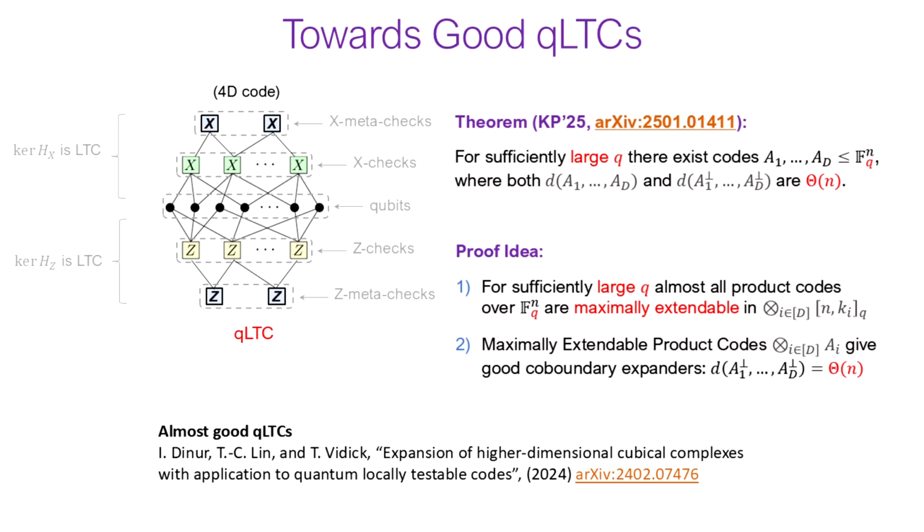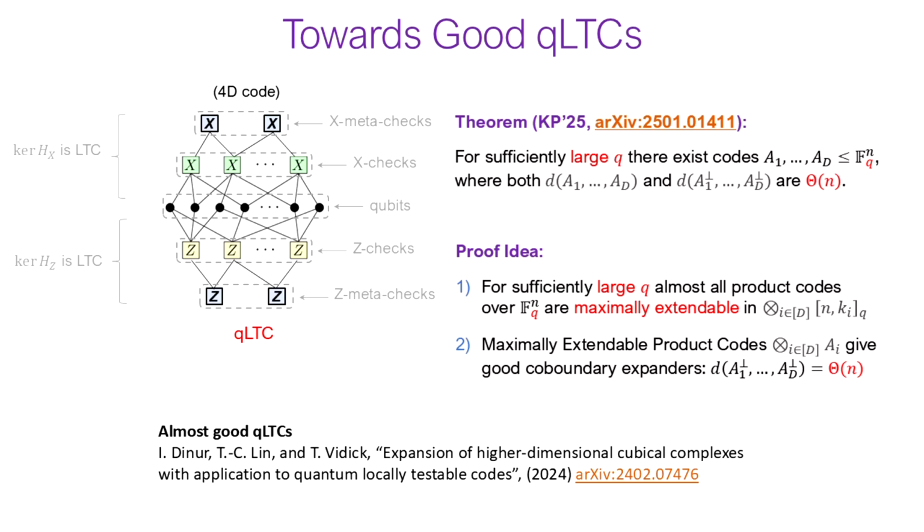Okay. And there are also another couple of papers that already use this idea to construct some other codes. And so the key proof idea here was quite unexpected. It turns out that you need to consider some codes that we called maximally extendable product codes.